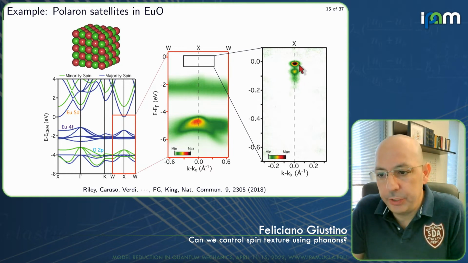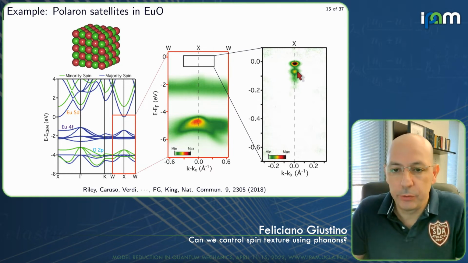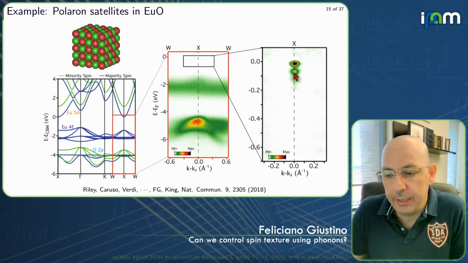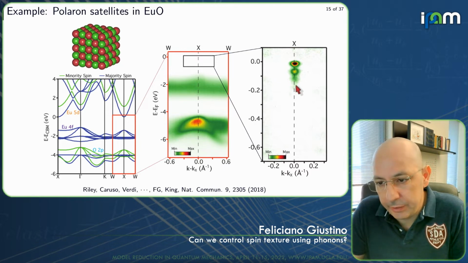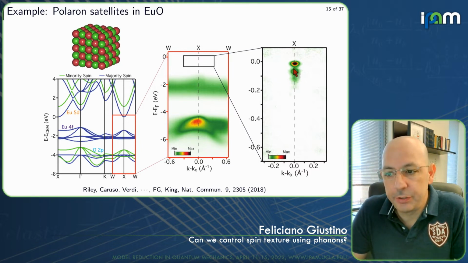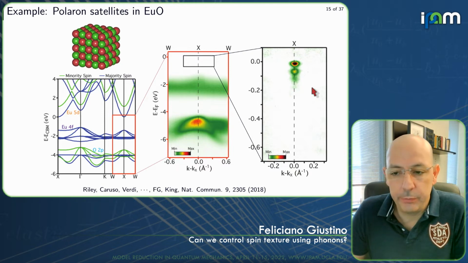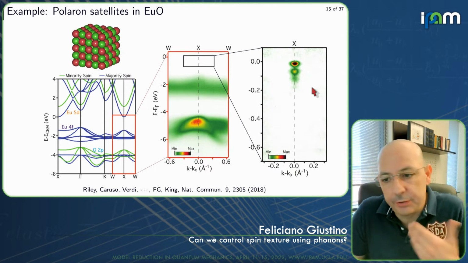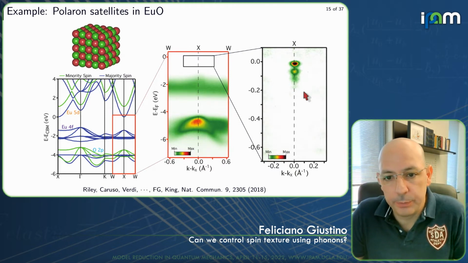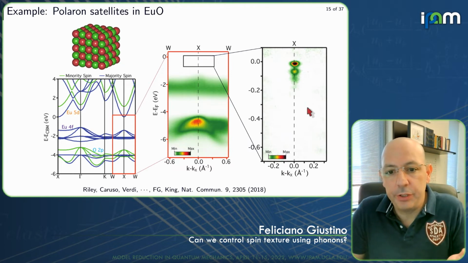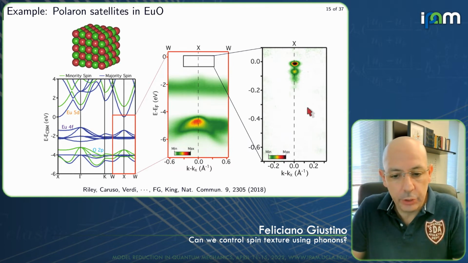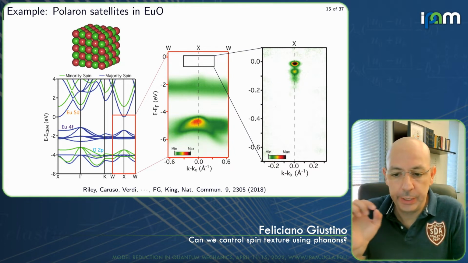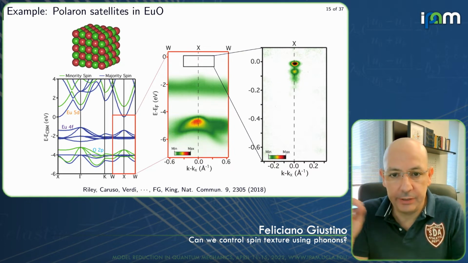However, in this experiment, as in the example of strontium titanate, there is another copy of this band here, a satellite, and maybe if you look carefully, there is yet another satellite. All of these are equally spaced from each other. This is essentially what people call polaron satellites. The physics corresponds to a photoemission experiment where, using light, you extract an electron.